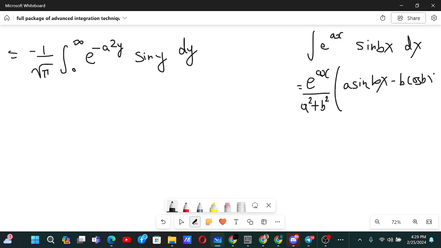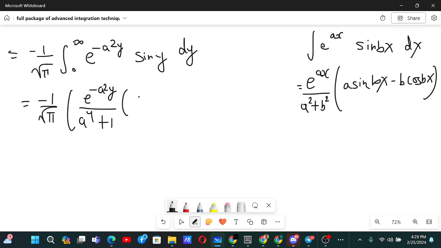We know this. Yeah, if we use this over here, we get minus 1 by root pi, and then e to the power minus a square y by a square plus b square, so e to the power minus a square y by a to the power 4 plus 1, and then minus a square sine y minus b is 1 cos y, and this is from 0 to infinity.